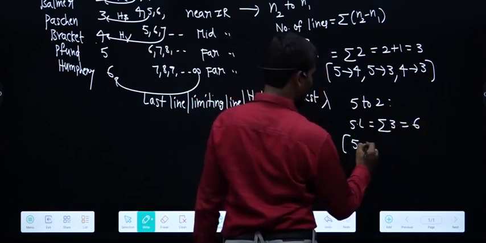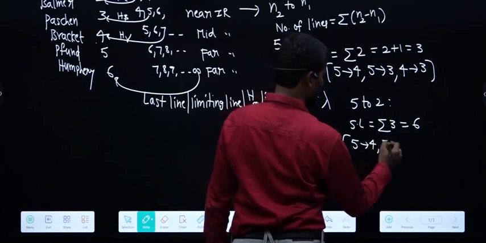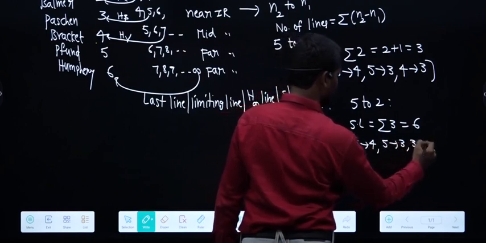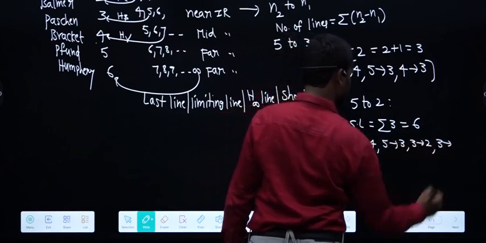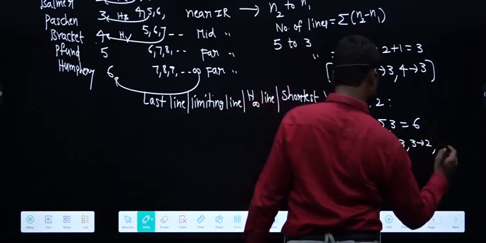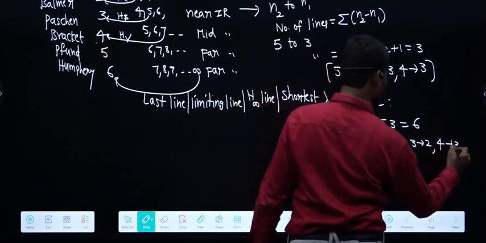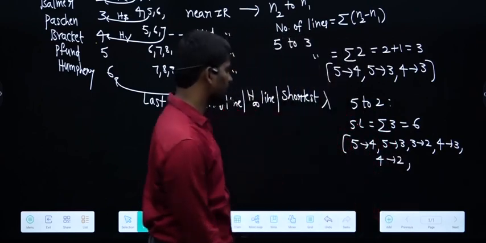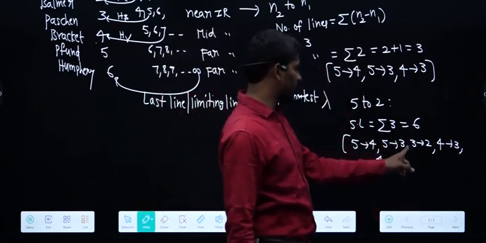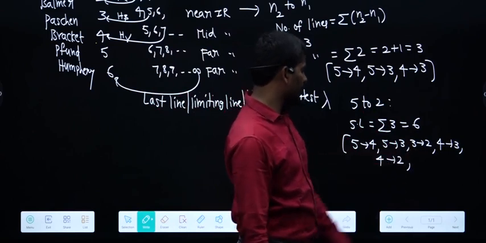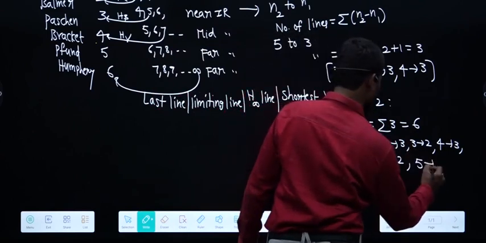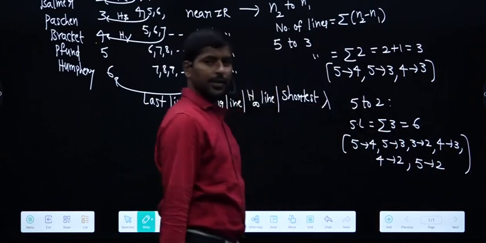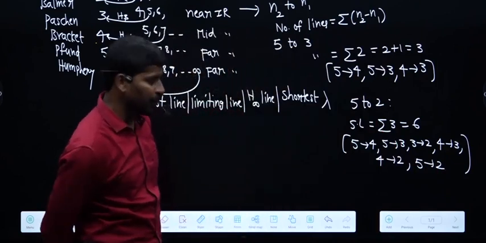What are those 6? 5 to 4, 5 to 3, 5 to 2, 4 to 3, 4 to 2, and 3 to 2. These are the 6 spectral lines possible.